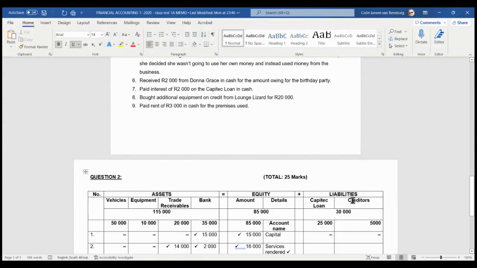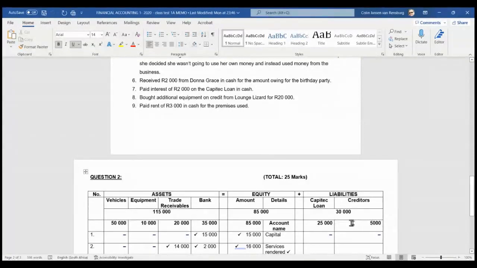In the case of your creditors, doesn't matter what you call it, if you call it creditors or creditors control or trade payables, whatever, when you disclose it on the face of your statement of financial position under your current liabilities, you will disclose it as trade and other payables, if there are other payables, which we'll get to later on during the course of the year.